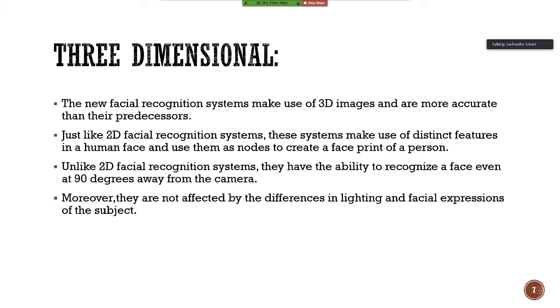This overcame the problems: different facial expressions did not lead to inaccuracies, neither did different lighting settings. Also, up to 90 degrees of movement of the face from the camera did not lead to unrecognizability of the face.